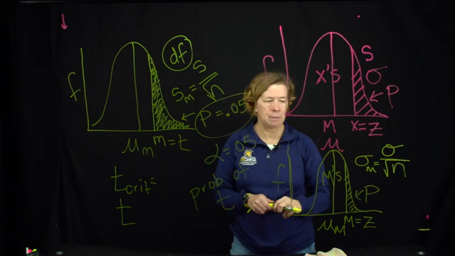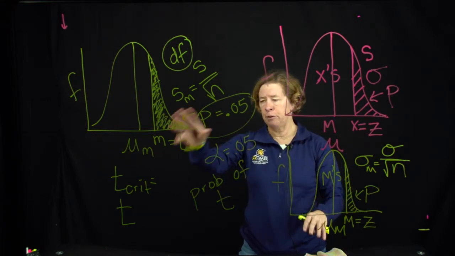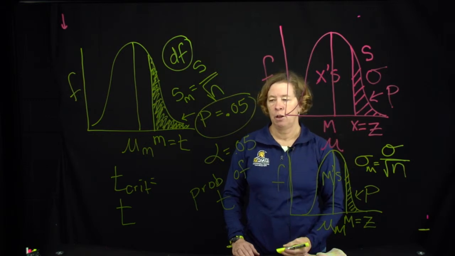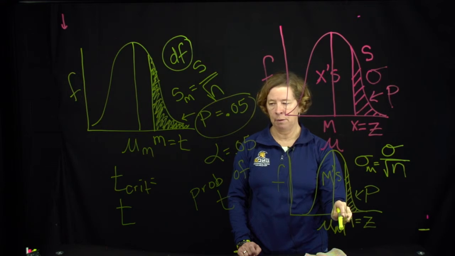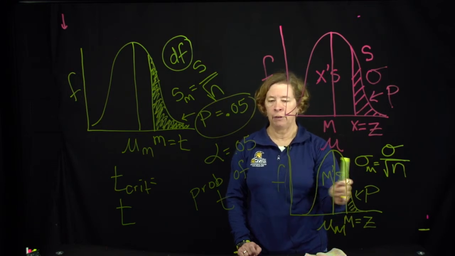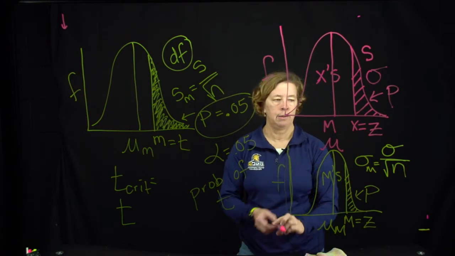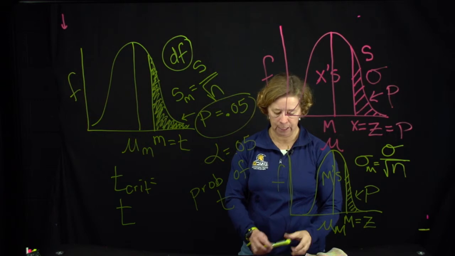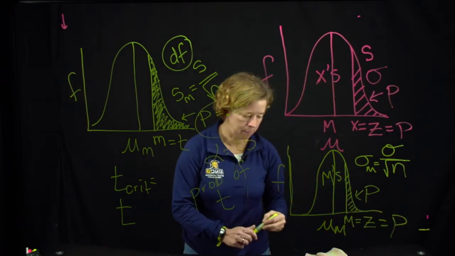Okay, I hope that helps, but let me just say this one more way. For every distribution, whatever is on the x-axis, you can find that particular x or m anywhere on the curve. And for each of those x's or m's, there is, in this case, a z, which has a corresponding probability.